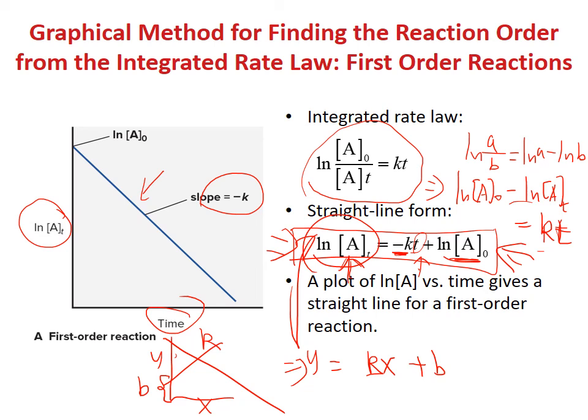And this is one way we can find the reaction rate constant by experiment. You measure concentration at different time. You plot ln A as a function of time. You get a straight line. The slope is negative k.